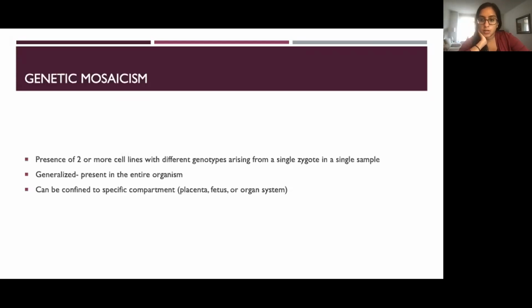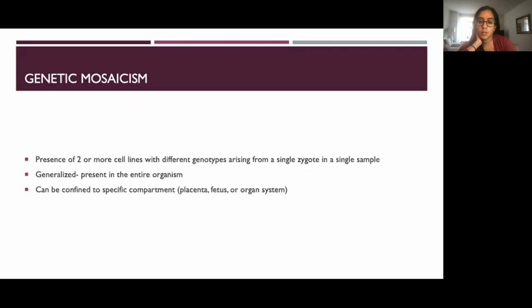Generally speaking, the earlier in development that an abnormal chromosome segregation event such as non-disjunction or trisomy rescue occurs, the more widespread the mosaicism may be in the differentiated organism. Later chromosome segregation events are more likely to be confined to specific cell types, which gives rise to clinical findings such as confined placental mosaicism, which leads to discordant karyotypes found with CVS versus amniocentesis.